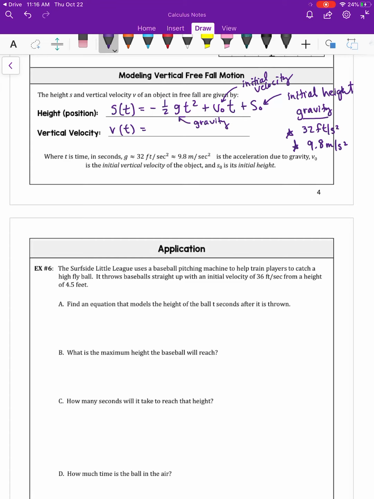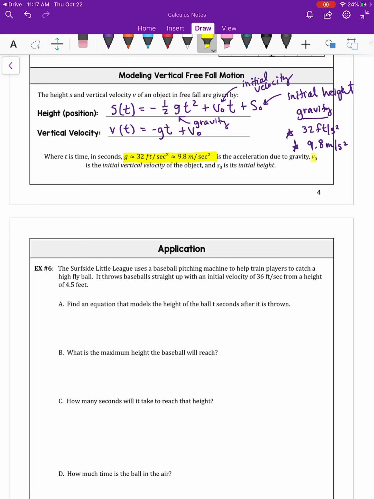Okay, so vertical velocity, negative g, that's the same g for gravity, t plus v sub 0, that is your same initial velocity. So what I did on my paper is I just highlighted these gravity equivalencies, right?